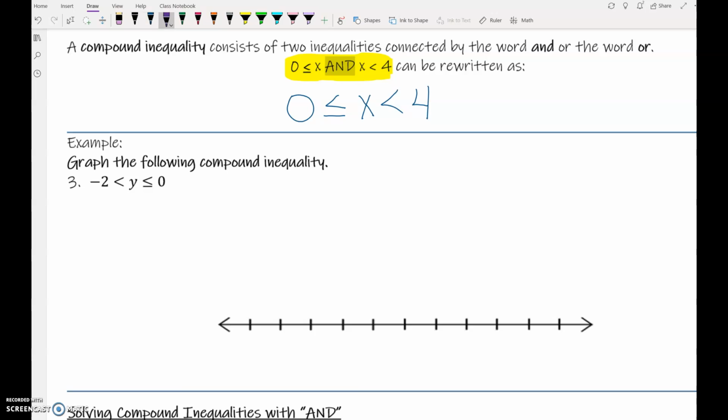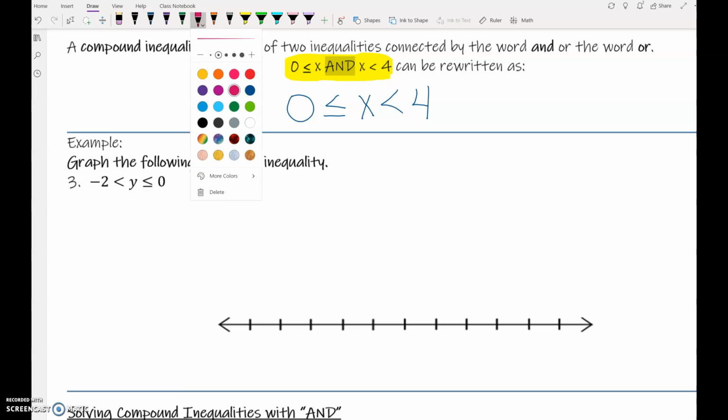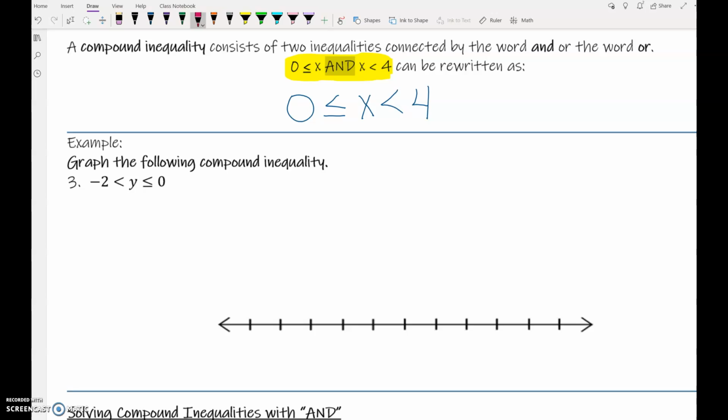Graphing a compound inequality. Negative 2 is less than y is less than or equal to 0. I'm going to space this out a little bit. If that's -2, we'll make this be -1. We'll make this be 0. Between -2 and y, that is less than, that's going to be an open circle.